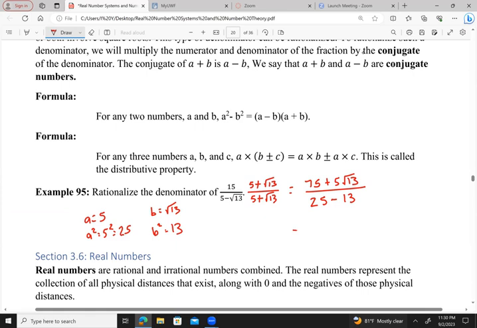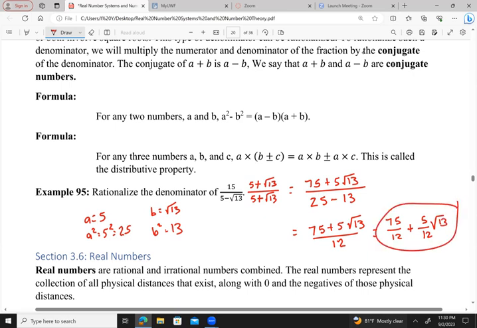So we end up with 75 plus 5 times the square root of 13 over 12. Or traditionally, 75 over 12 plus 5 over 12 times the square root of 13. And that finishes up section 3.5.